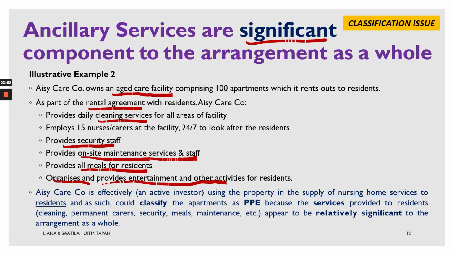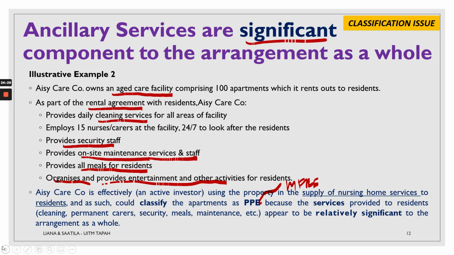So it looks so significant because the situation here is that it is being rented out to residents, and these are aged care facilities. So the company is effectively using the property in the supply of nursing home services. As such, it could classify the apartment as PPE under MFRS 116. So this would be a PPE because it is held for supply of services.